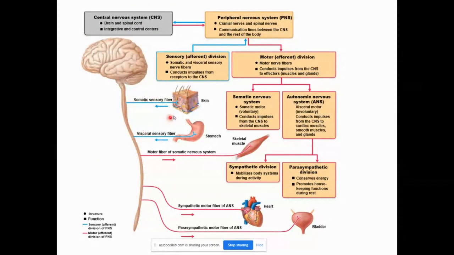You see the two blue arrows. If it's coming from your skin, like touch, pain, pressure, stuff you're aware of, that's somatic sensory. You can see that right there, somatic. Oh, that's motor, sorry, somatic. If it's coming from your organs, that's visceral sensory. All right, so there's the two types of sensory fibers, somatic, visceral.